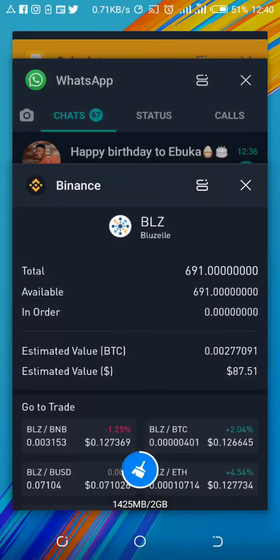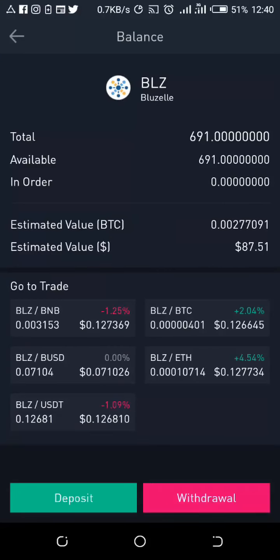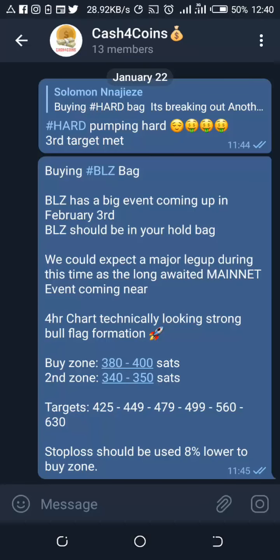So let's check our targets. The first target is 425 Satoshi, second target is 449 Satoshi, third is 479, next 499 Satoshi, next is 560 Satoshi, and the last target is 630 Satoshi.